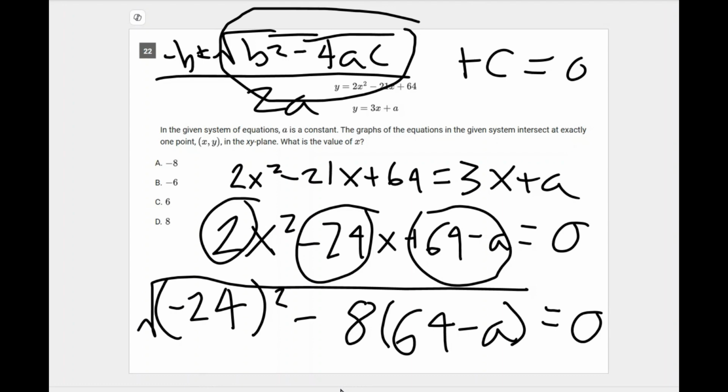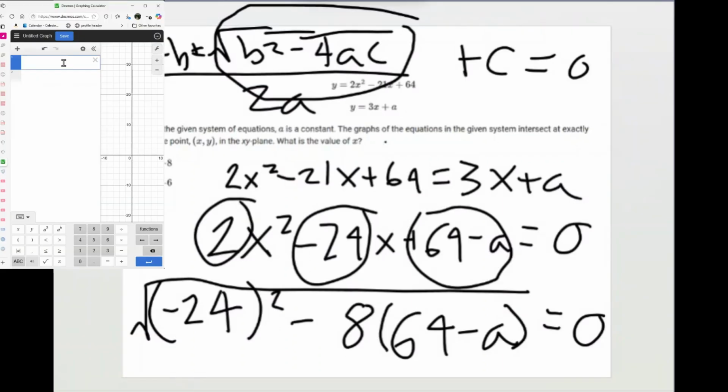Let's plug that into Desmos to see what a equals. Okay, plugging that in now. 24 squared, as I said before, you can really take the square root out of there because it's going to equal 0 whether you have the square root or not. Substitute x in for a. Then you have negative 8.